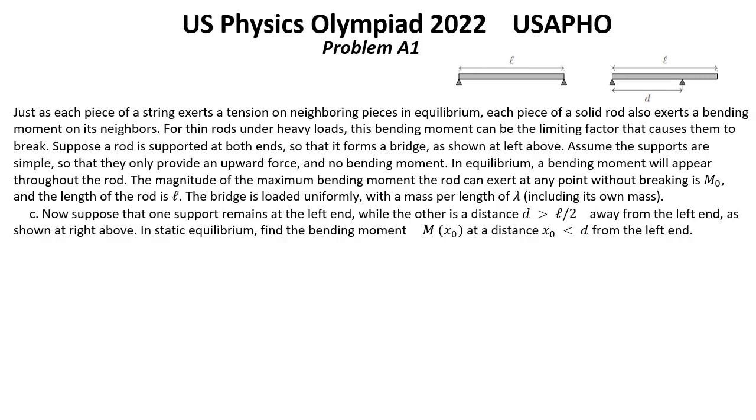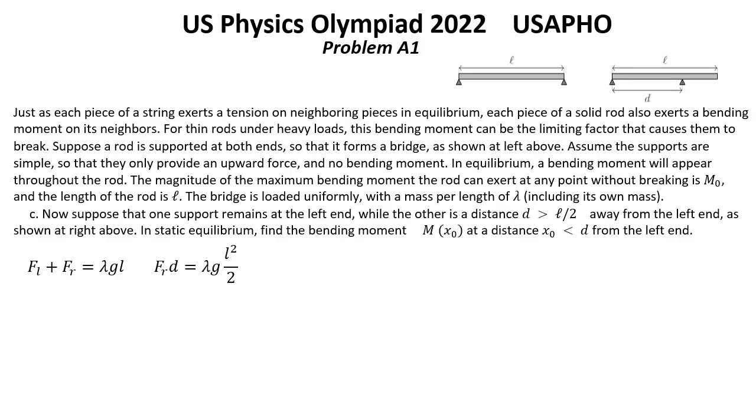Solution. Here, for static equilibrium, we need to equalize total force and total torques to 0. So, total force from right and left supports equals lambda gL. Now, let's count the torque around any point. Let's take the left support as the origin.